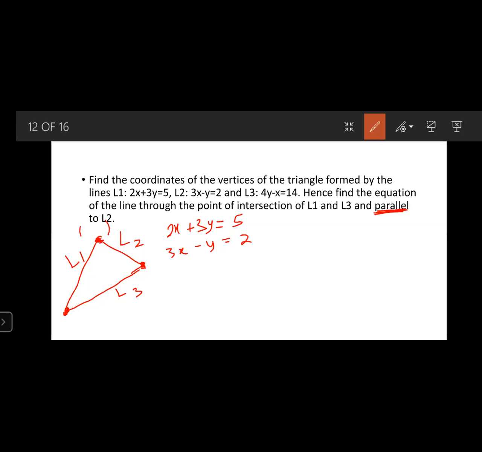So for the second one, L2, L3, if you solve L2, L3 together, 3x minus y equals 2. And 4y minus x, I just want to rearrange it so that it suits what I have here. If I need to rearrange that, I will not write 4y first.